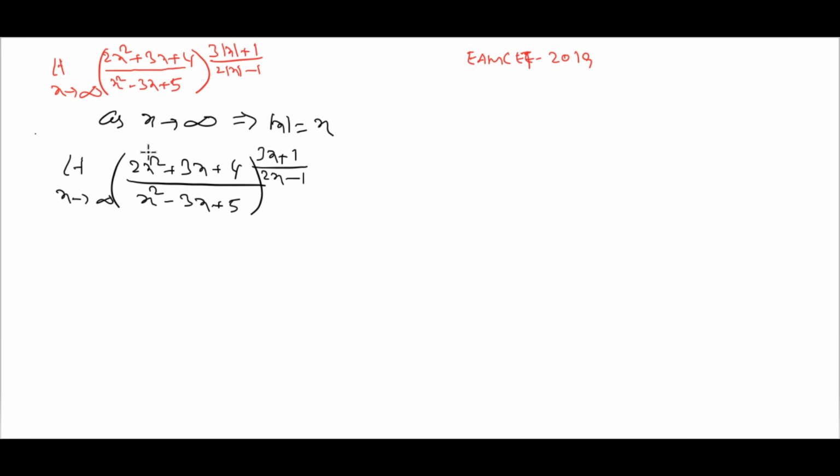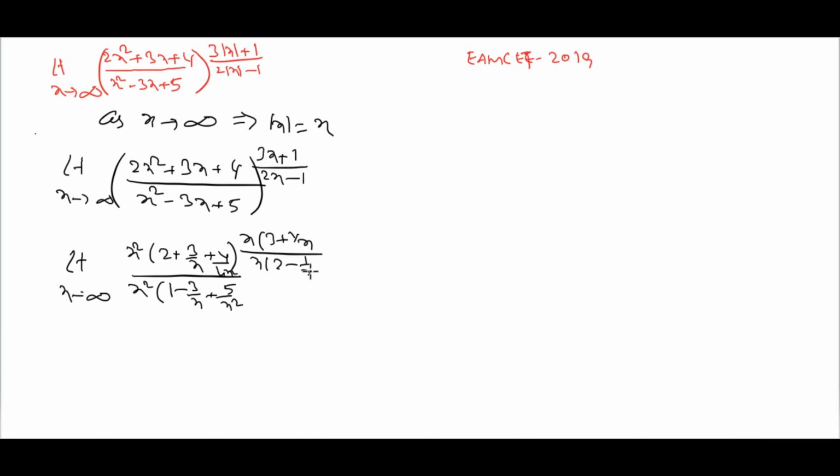So substituting x tends to infinity, this is infinity by infinity, to the power of infinity by infinity. So take x² common: limit x tends to infinity, x² common gives (2 + 3/x + 4/x²) / (1 − 3/x + 5/x²), to the power of, here also taking x common, (3 + 1/x) / (2 − 1/x). So the x² cancels and the x cancels.